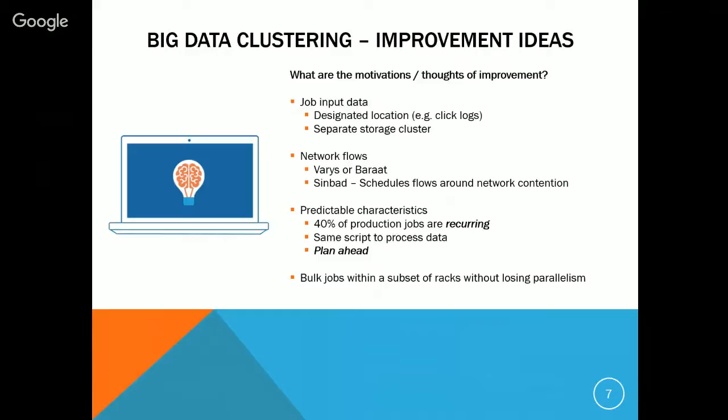What does this mean? The historical information can accurately predict a trend, which enables us to plan ahead. Due to job predictability and improved network locality algorithms, it is possible to run a bulk of jobs within a subset of racks without losing parallelism.